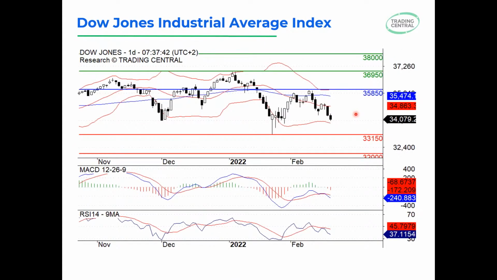Dow Jones, the blue chip index, a 10% correction, and same, we are not seeing a reversal in momentum at the moment.